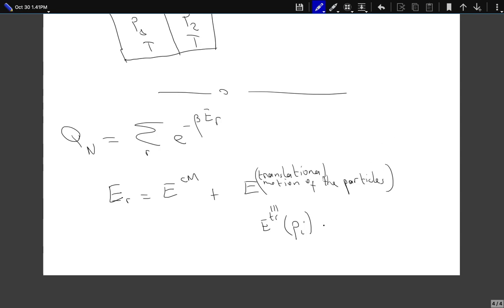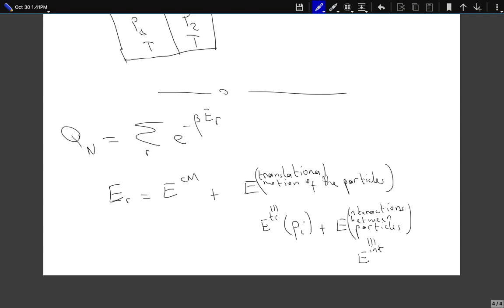Then there is, let's say, vibration. If you have molecules, now there is the interaction between particles. Let me just call this E_int.